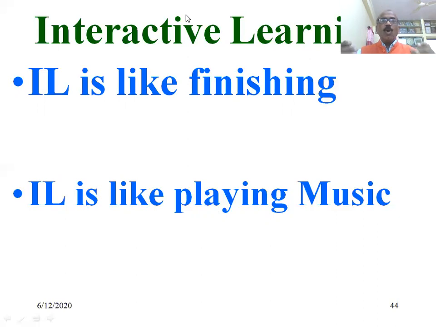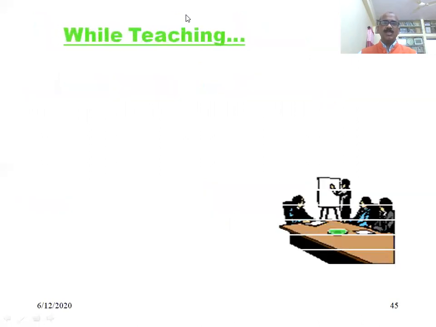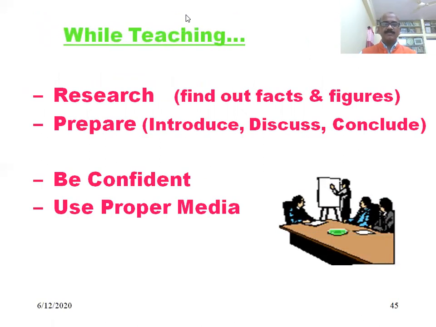And there is a competition among the students when we are asking questions, one after another, and students are interested to answer the questions. And then automatically the rhythm will be created in the class. And that is the benefit of interactive teaching and interactive learning.